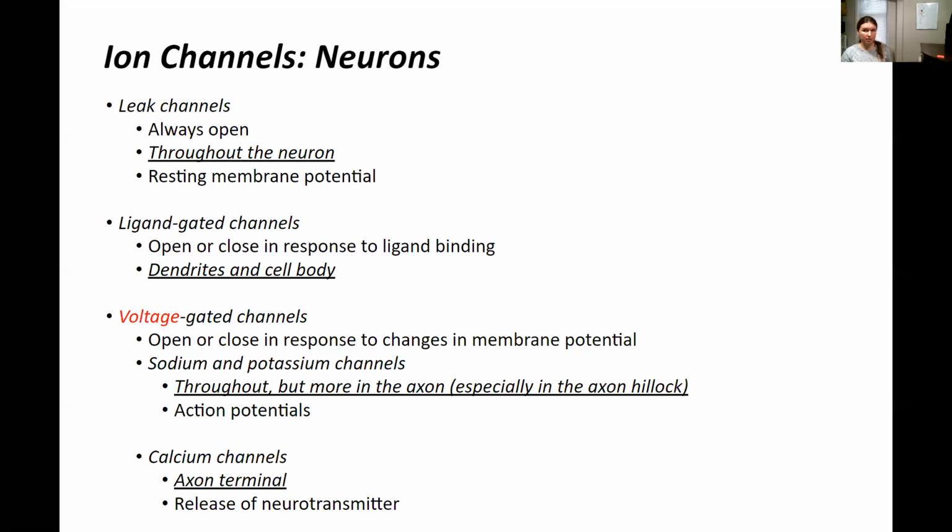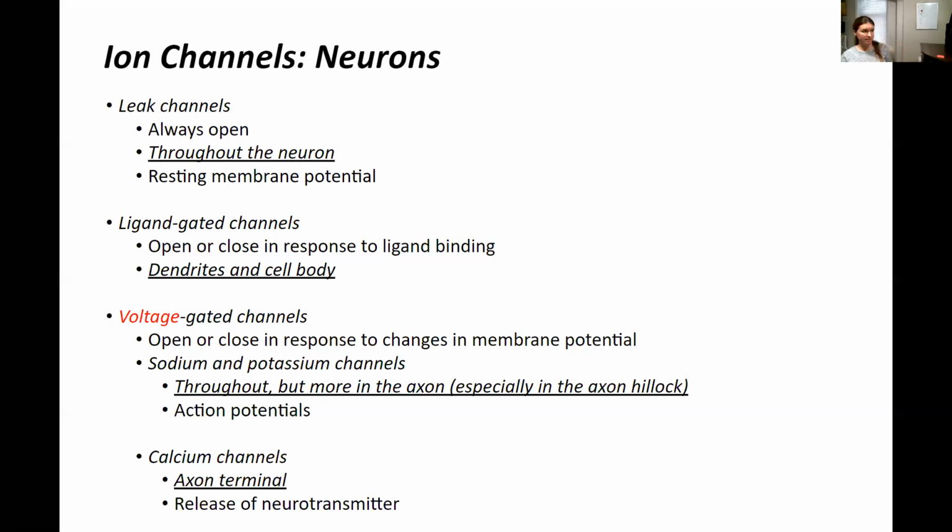They happen to be especially dense in the axon hillock, which is where we move from our cell body into the axon. We have that pyramid shape starting to narrow into our axon; that little pyramid shape is the axon hillock. They're really dense there because that's where we have to start off our action potential. So associate the voltage-gated channels in your mind with the action potential.